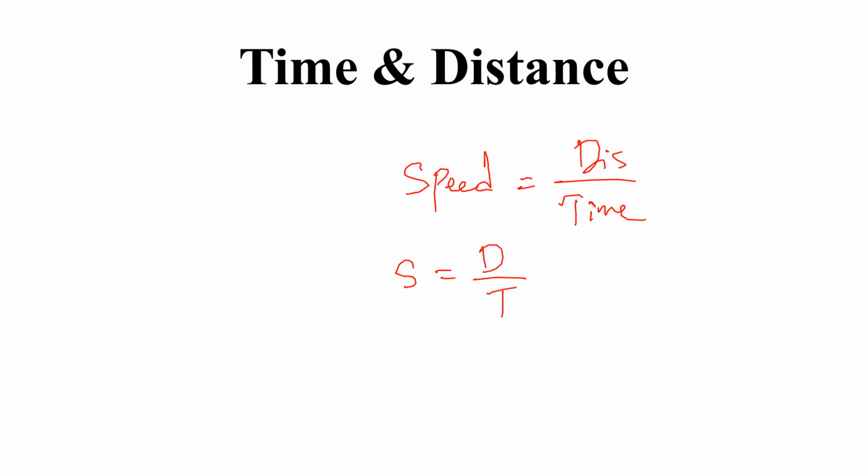First of all, before learning this, we have to remember one formula. Till now, we never used any formulas, but in this time and distance topic, we need only one formula. That is speed equals distance by time.